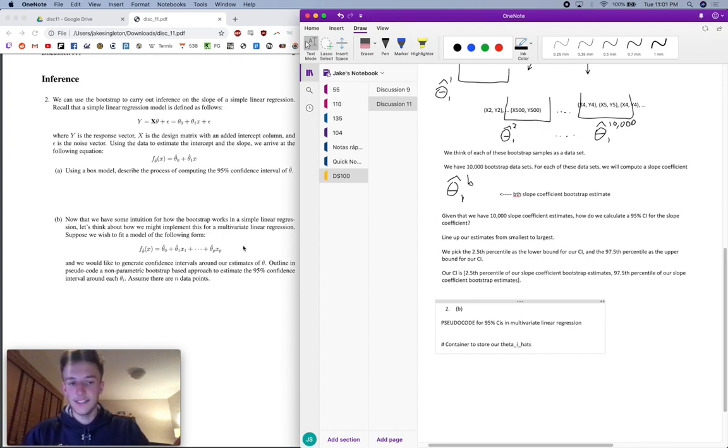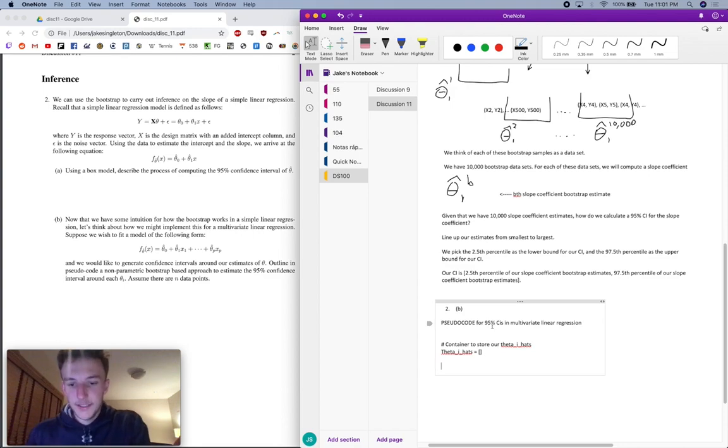We'll say theta i hats because they are estimates, remember. So in code this might look like, theta i hats. Let's make some kind of list, and the list will be our container to store our theta i hats.